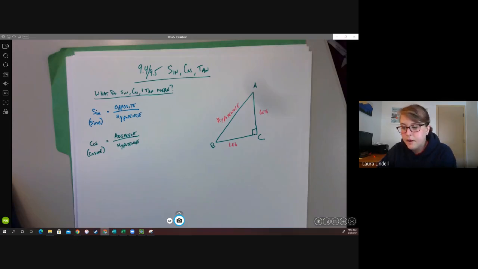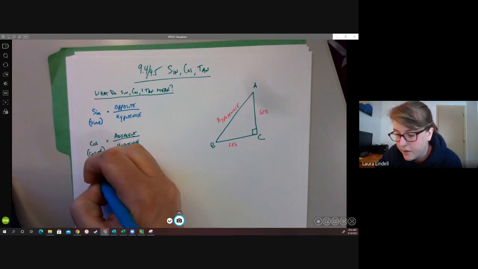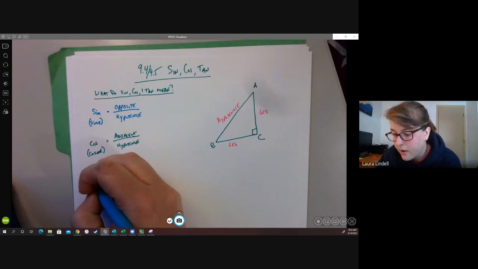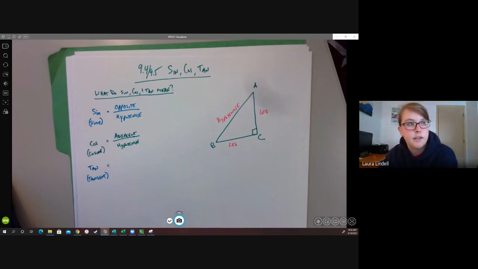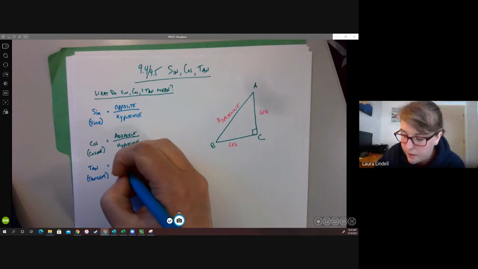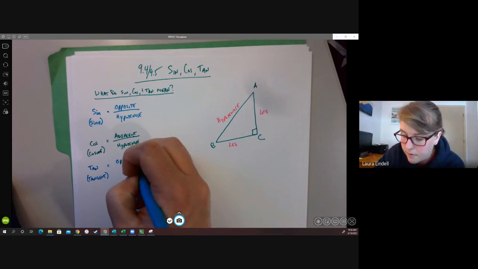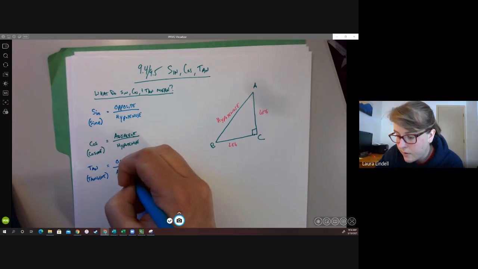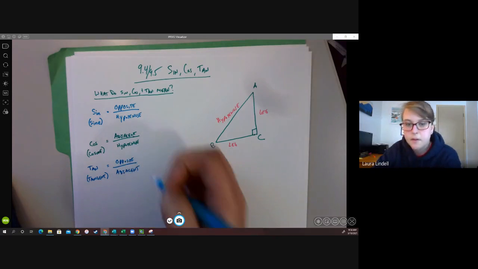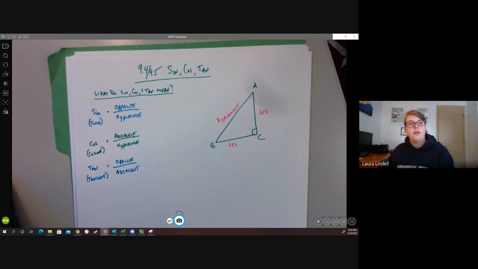And then the last one, tangent, it's abbreviated as tan, but if you were to spell it out, it would be tangent. And tangent is the opposite side divided by the length of the adjacent side. So those are what the three ratios are.